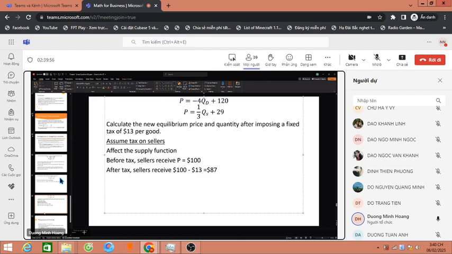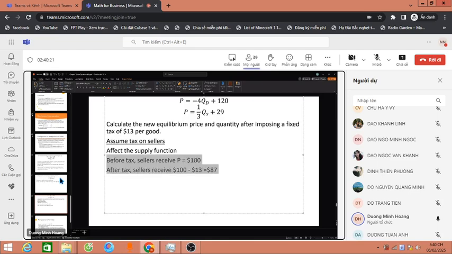After tax, I sell that stuff for $100 on the market, but I do not receive the whole thing because I have to give the government back $13. So I only receive $87.